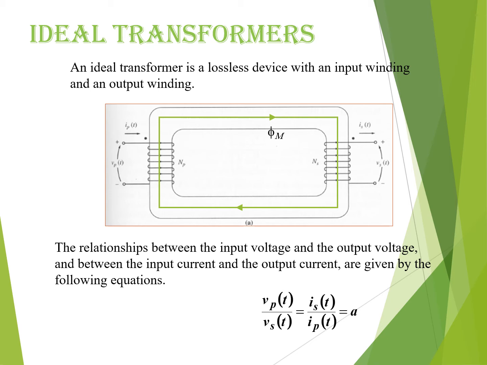So let us see the relationship between the input voltage and output voltage, and between the input current and the output current. We know this equation as Vp(t) upon Vs(t) is equal to Is by Ip at instantaneous time, which is equal to A. A is the constant. This is a well-known equation.